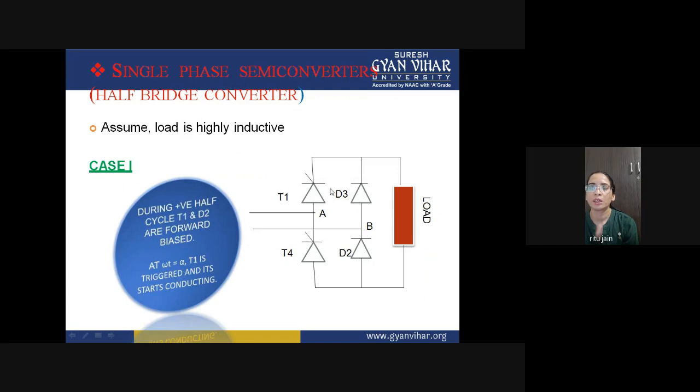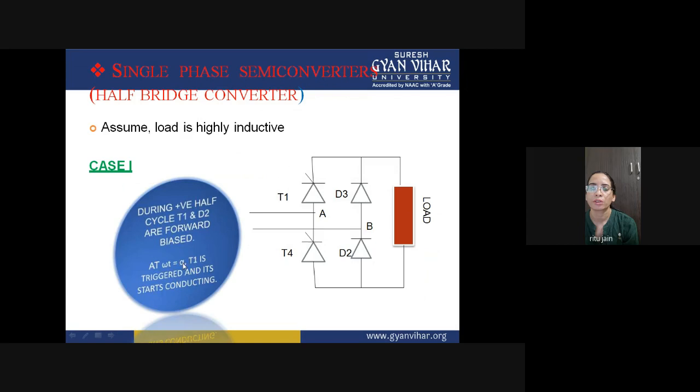So you can see that for the positive half cycle, the suitable components are T1 and D2. So you can apply a gate pulse at the gate terminal of thyristor T1, and the diode is automatically in forward biasing. So what we are doing at angle alpha.